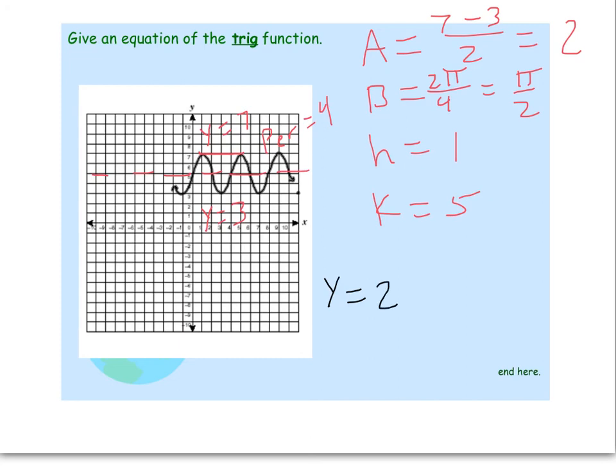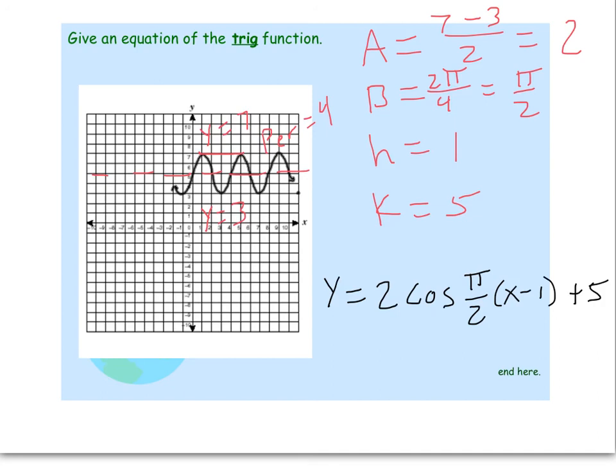So y equals 2 cosine of pi over 2 times (x minus 1) plus 5. Okay? That's all you're going to see in 8.3 day 2, coming up with the equation from the graph.